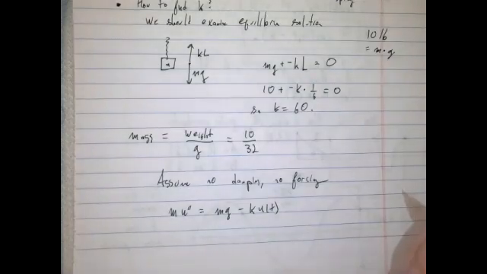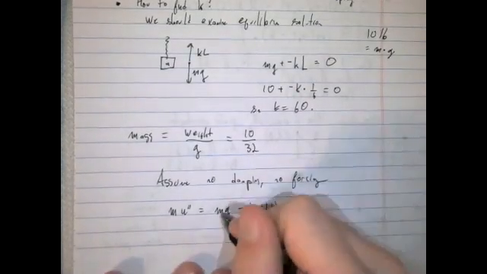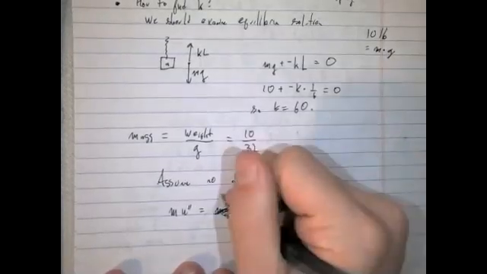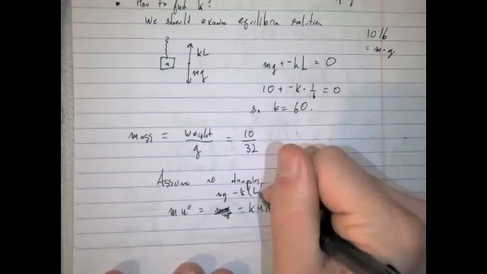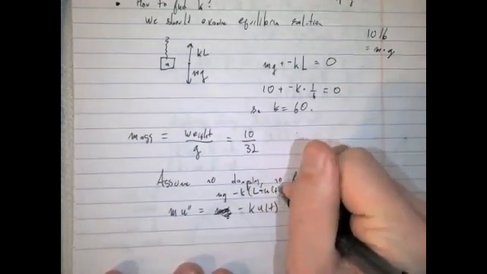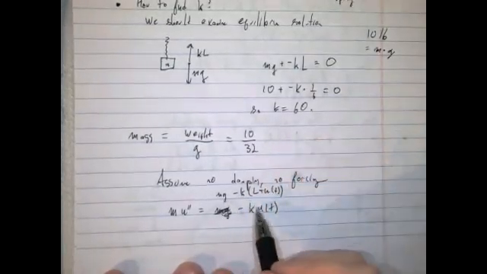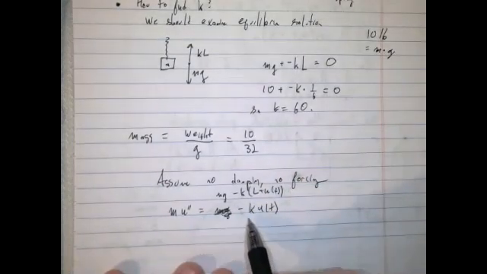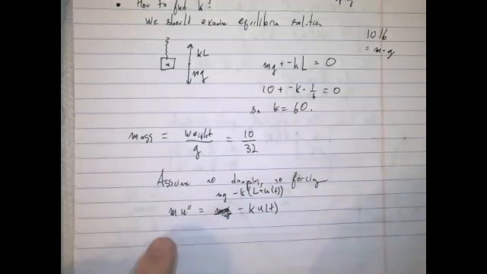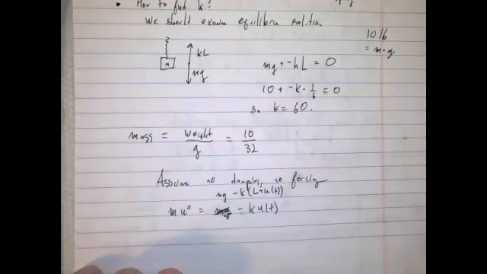Doesn't the mg go away when we have the mg? Oh, yes, you're right. So this is mg minus k times L plus u of t. But of course, the mg minus kl will be 0. And so I'm just left with m u double prime is equal to negative k u of t. What is m? 10 over 32.